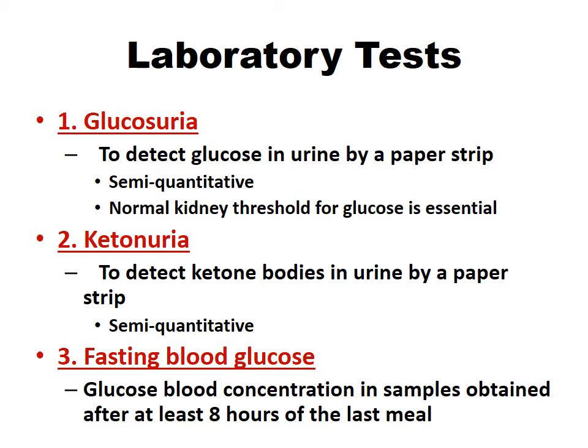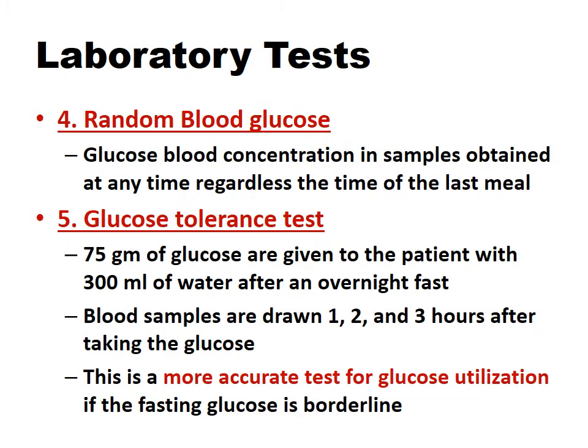Fasting blood glucose test, glucose concentration in blood samples obtained at least 8 hours after the last meal. Fourth test is random blood glucose measurement. Here the glucose concentration in the blood can be obtained at any time regardless of the time of the last meal.